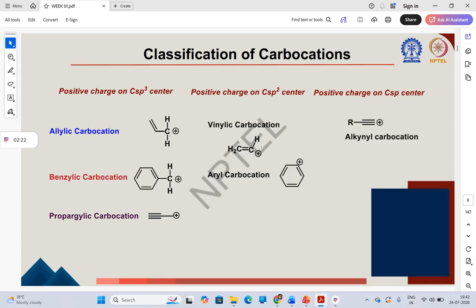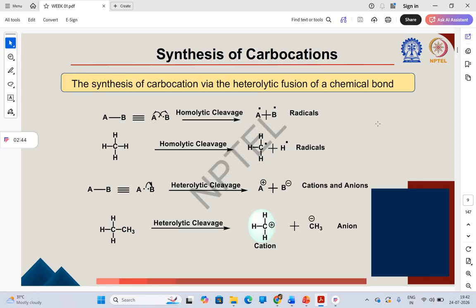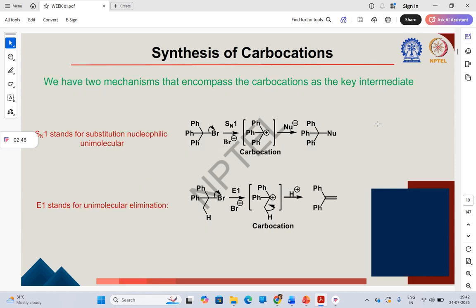Similarly, if the carbocation is present on the double bond carbon, it is known as a vinylic carbocation, and an aryl carbocation is a carbocation present on the aromatic ring. Similarly, if the carbocation is on the triple bond, it is known as an alkynyl carbocation. So these are the basic introduction.